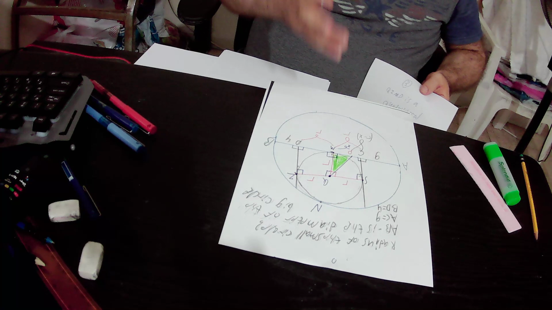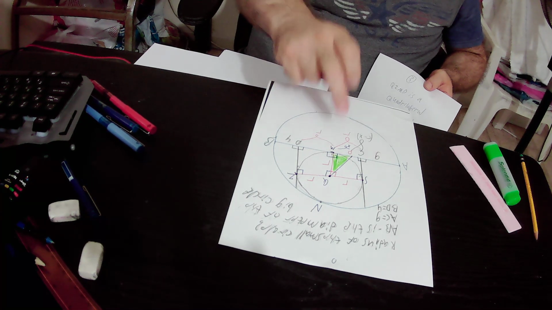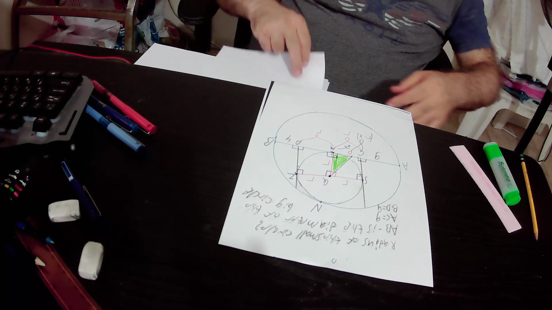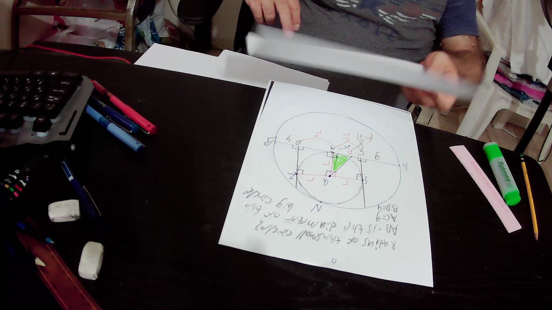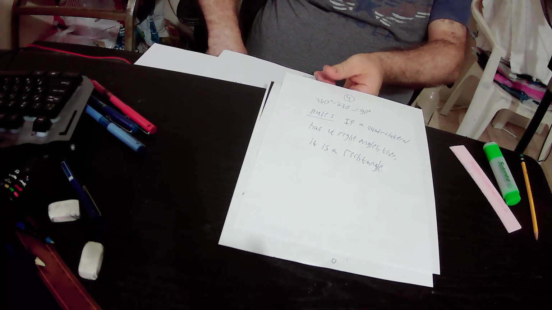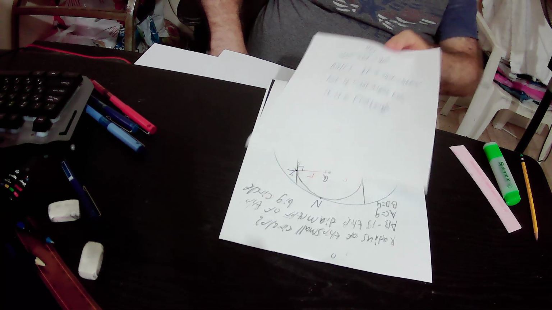So we have here a quadrilateral with four right angles. And according to rule number 3, if a quadrilateral has four right angles, it is a rectangle.